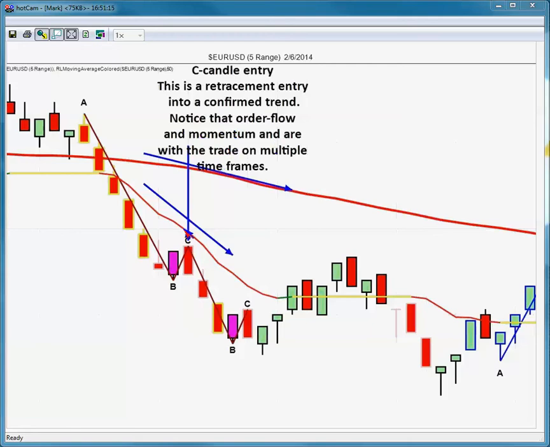Order flow and momentum are with you, in addition to the C. Now, there are a lot of other people who trade the system who will only take a trade if they have a two-line or three-line signal. They want to go into a trade, even if it's a C that engulfs the B, in the direction of both order flow and momentum. And you don't have to look down at the three-line.